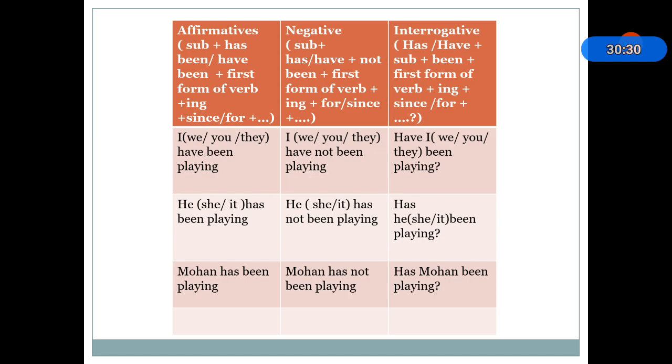Example: have I been playing? Have we been playing? Have you been playing? Another example: has he been playing? Has she been playing? Has it been playing? Third example: has Mohan been playing?